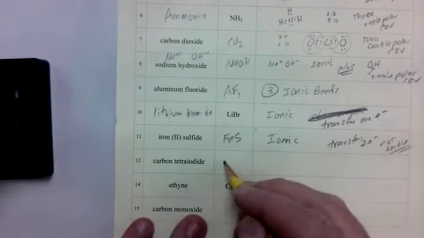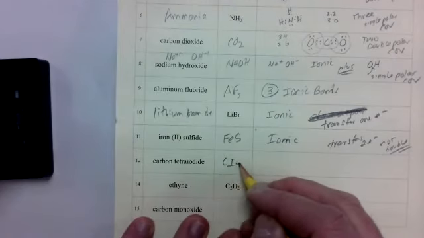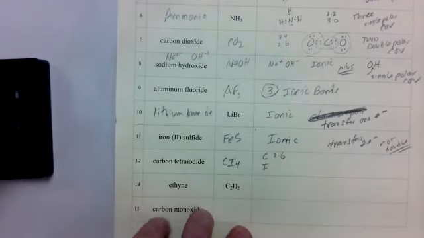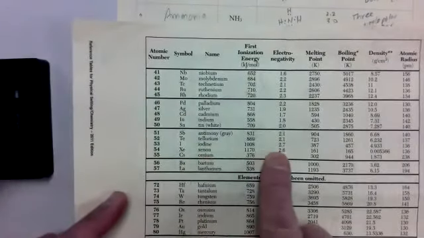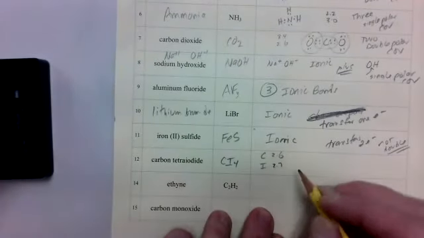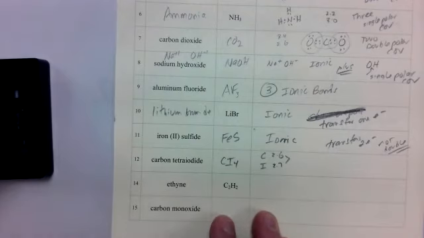Carbon tetraiodide, carbon with 4 iodides. Now the carbon is a 2.6 electronegativity, and you have to look up iodine because you never want to just guess, and iodine has a 2.7. Now these numbers are really, really, really close, but in high school chem, if it's not a difference of 0, then it's slight, this is very slightly polar.